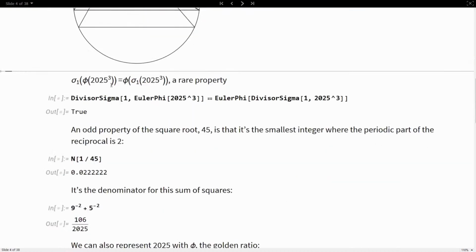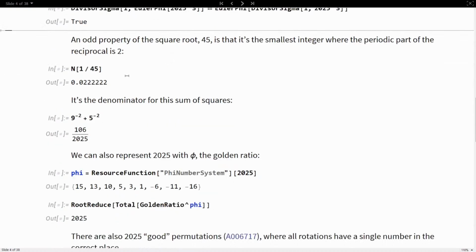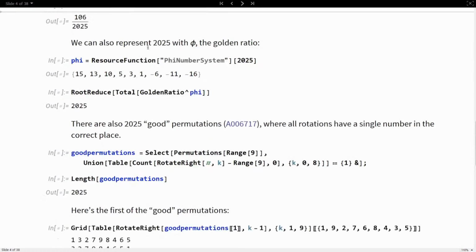We also have this rare property with divisor sigma and Euler phi for the cubes of 2025. The repeating decimal for 1 over 45 is a series of 2s, and it's the denominator for this sum of squares, 9 to the minus 2 plus 5 to the minus 2.